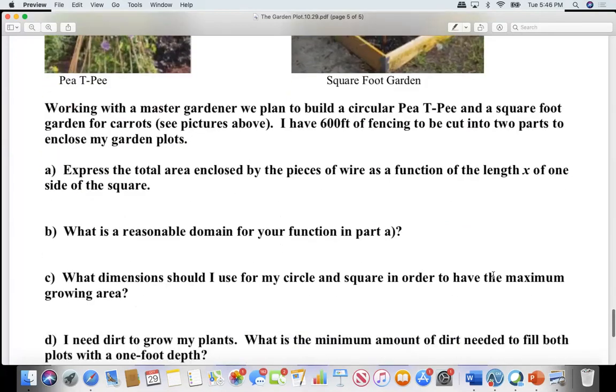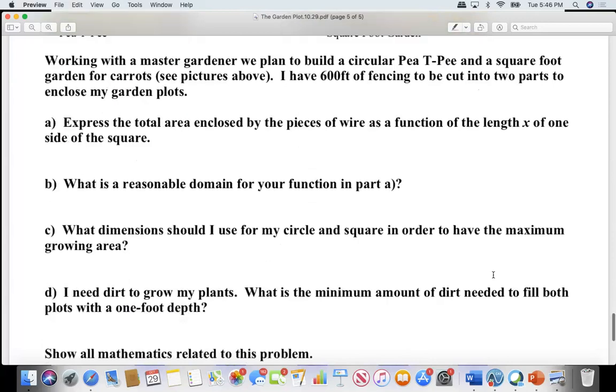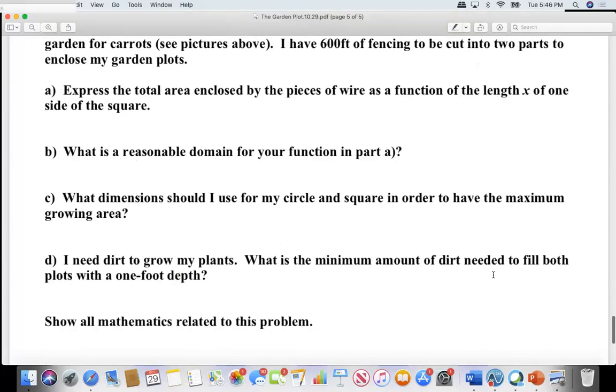So they've got to come up with their area as a function of the length, the domains, what dimensions I want to maximize, the circle, maximize the area in my circle and in the square so I have the maximum growing area. And things that come up are, can I put all the fence and just grow peas? Can I just grow carrots?